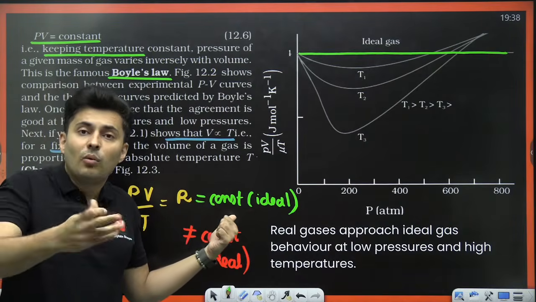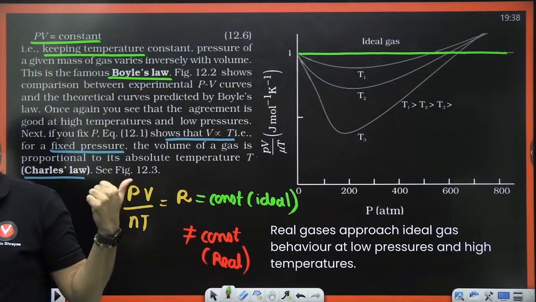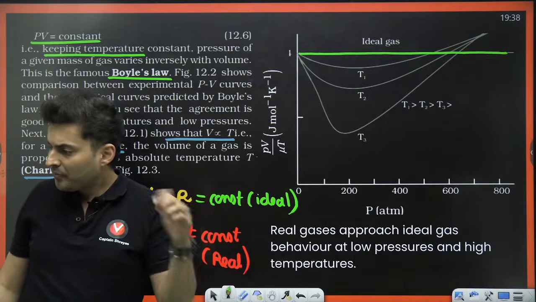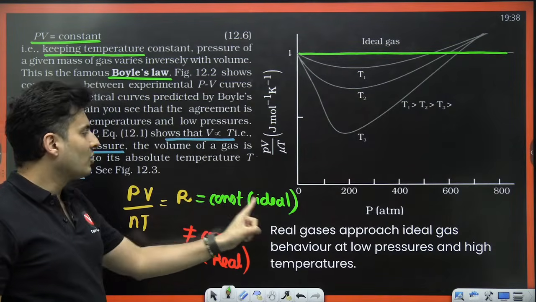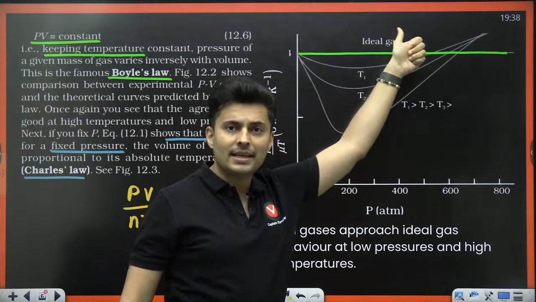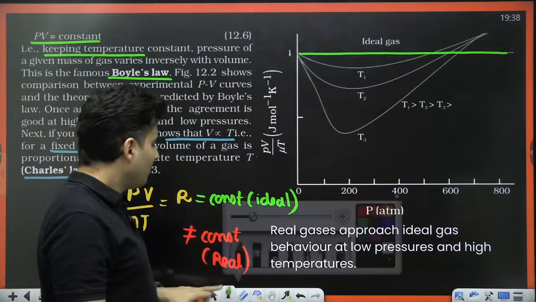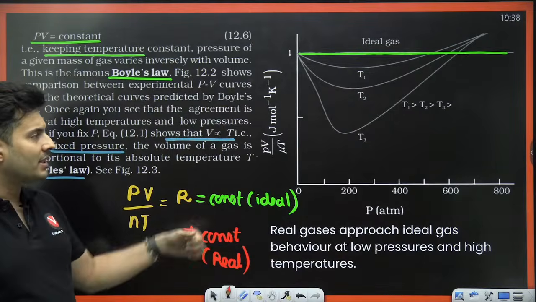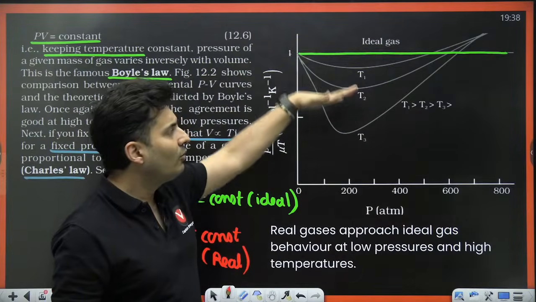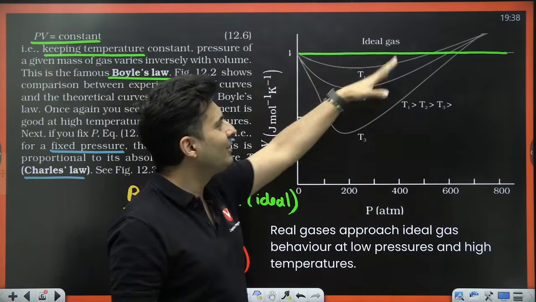This is exactly what one would expect. Everybody with me? PV by NT is R, a constant. But if you see non-ideal behavior, it is not constant. You can see the variations are there.